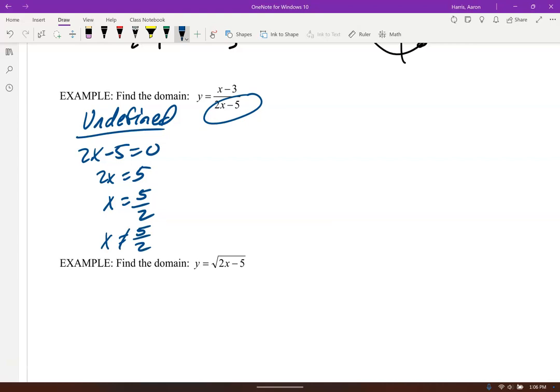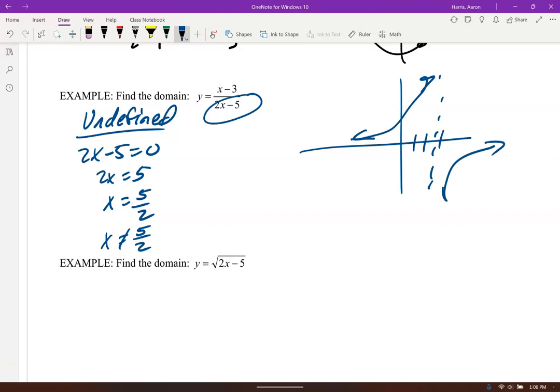I'm dividing by 0. So my domain for this, whatever this graph looks like, at 2.5, 5 halves, it'll never touch it. It's broken up there. Again, I don't know exactly what this looks like right now without graphing it, but I do know it never touches that dotted line, 5 halves.